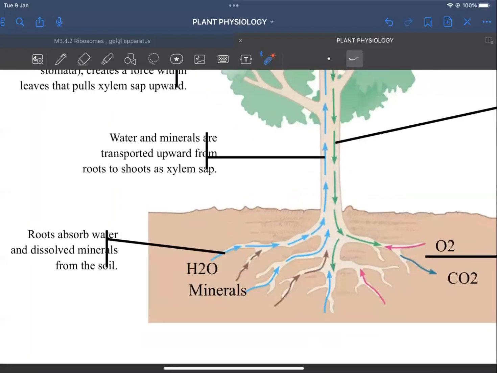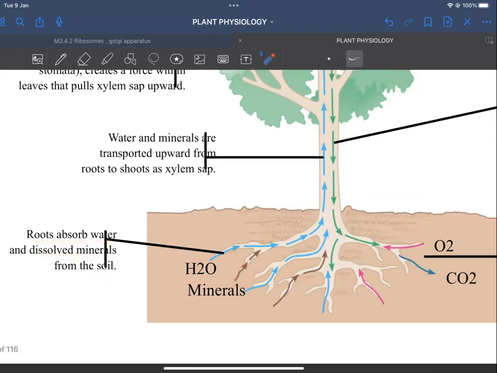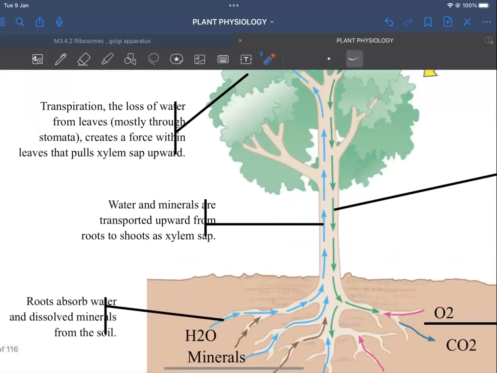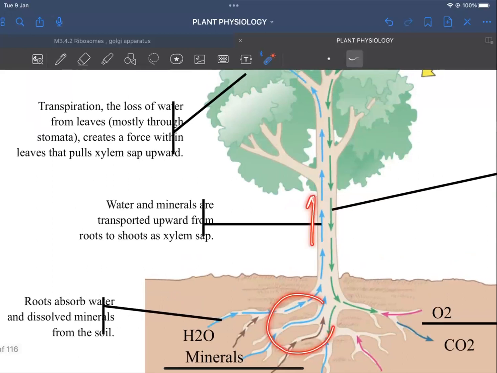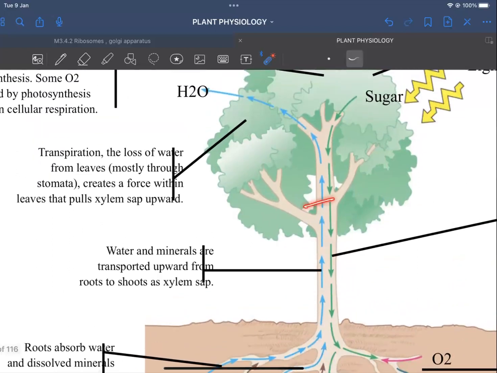If you look at the roots, they absorb water and dissolved minerals from the soil. Not only water, but also the dissolved minerals. Then the water and minerals are transported upward from the roots to the shoots as xylem sap.